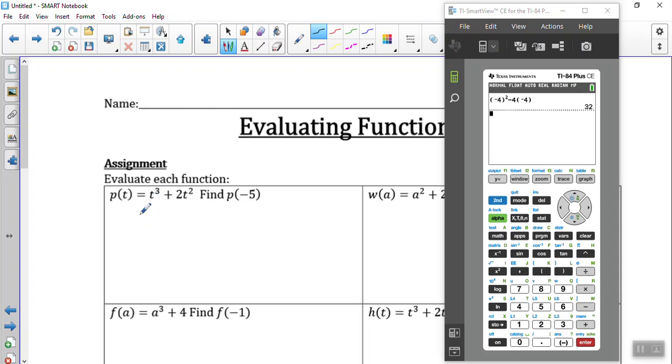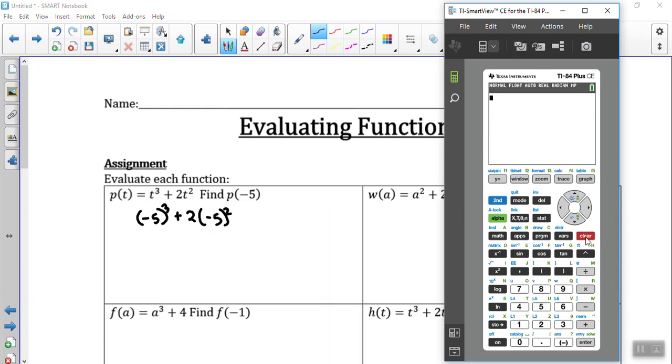So for T, I'm going to put a parentheses. I'm going to plug in -5, close the parentheses, and then put the 3 out here, plus 2 parentheses -5 squared.